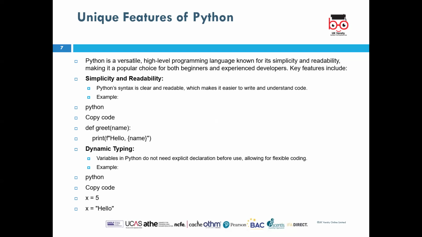So looking at Python, we'll now introduce Python, which is a high-level programming language. What do we mean by high-level programming language? We're simply looking at languages that, like JavaScript, use an interpreter rather than a compiler.